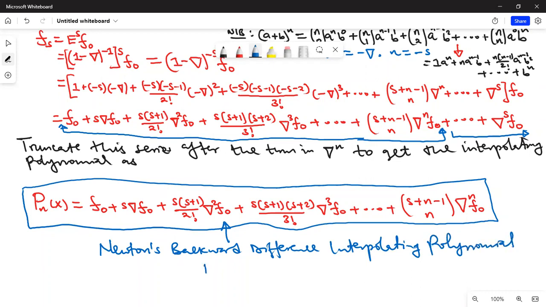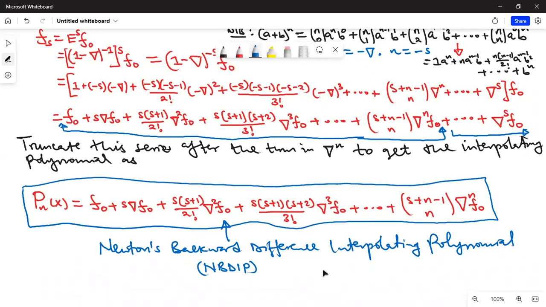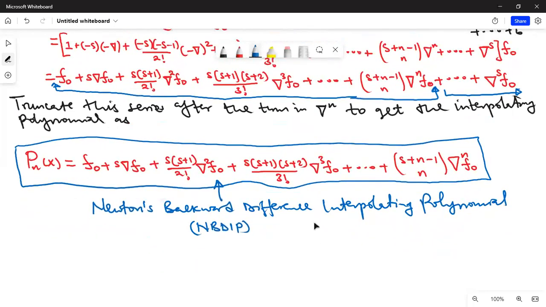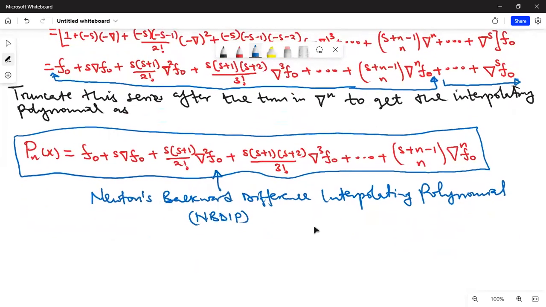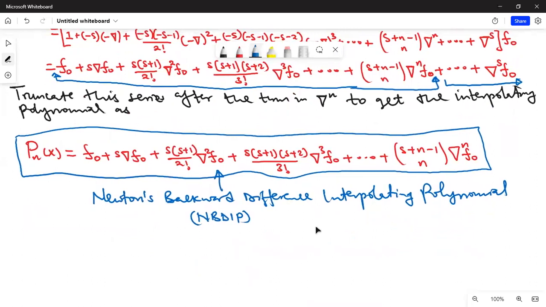This is abbreviated as Newton backward difference interpolating polynomial. It is a polynomial of degree n. Now, you see, this polynomial will give you the approximate value. It's not the exact value, but the approximate value. So there's an error due to truncation.